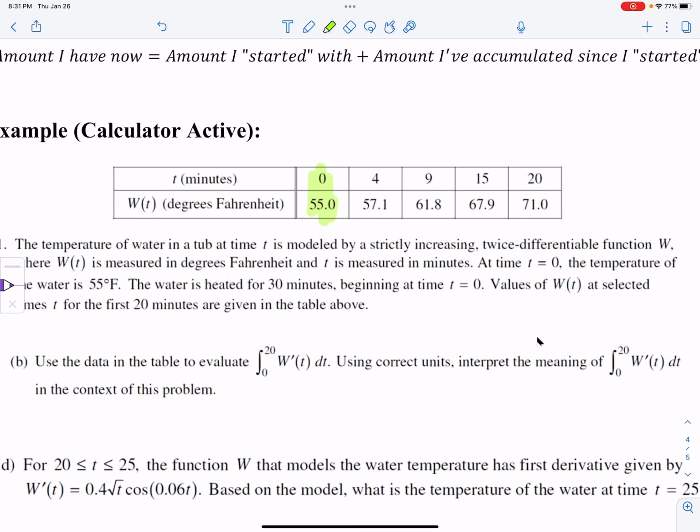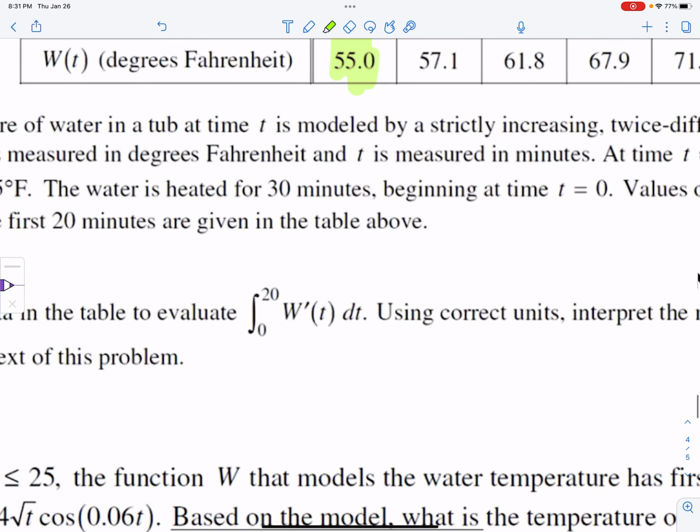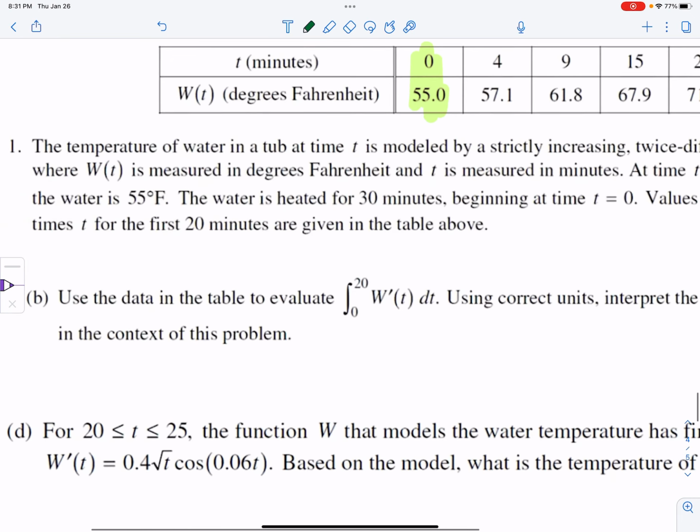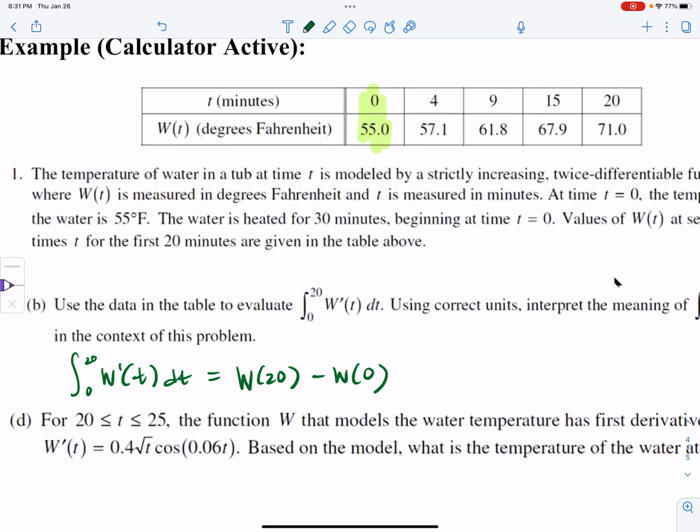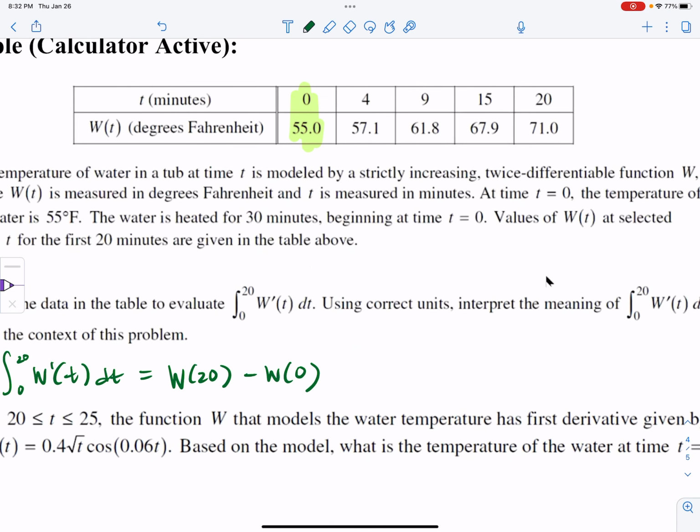So when we integrate from 0 to 20, if we think about our fundamental theorem of calculus, the integral from 0 to 20 of W prime of t dt would be equal to W of 20 minus W of 0, which is the temperature at 20 minutes minus the temperature at 0 minutes. So it's going to tell us the change in the temperature over those first 20 minutes.